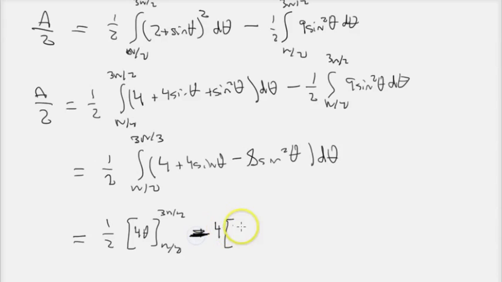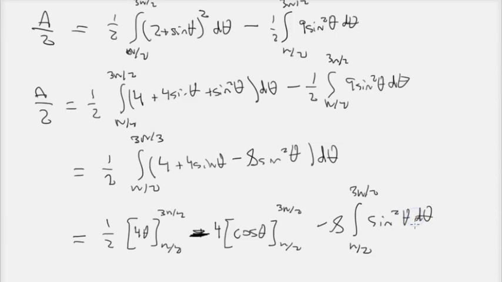So this is going to be a negative 4 cosine theta between pi over 2 and 3 pi over 2, and then we're going to have a negative 8, and this integral we're going to have to make a trig substitution to figure out, between pi over 2 and 3 pi over 2 of sine squared theta d theta. So let's remember this, and we're going to move on over to the next screen.